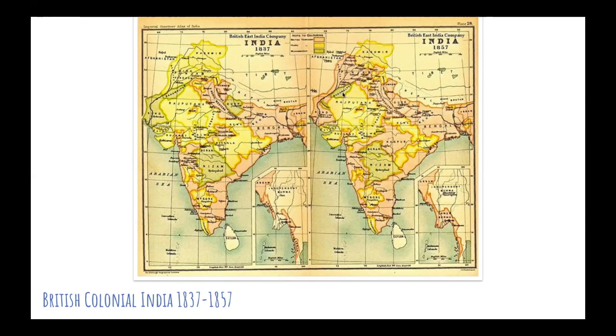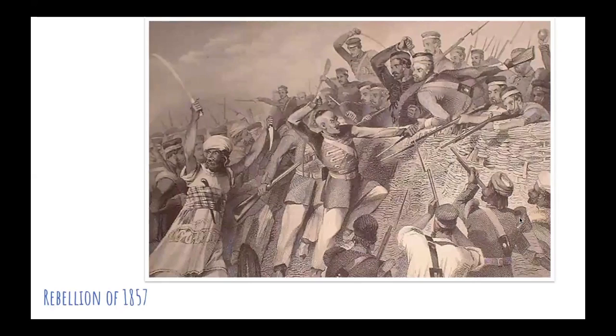And by 1857, right before the Sepoy Rebellion begins, the pink is really consuming many, many areas all across India. So Britain is going to respond violently, and the Sepoys are going to lose this rebellion, and Britain is going to continue to control India for almost 200 years.